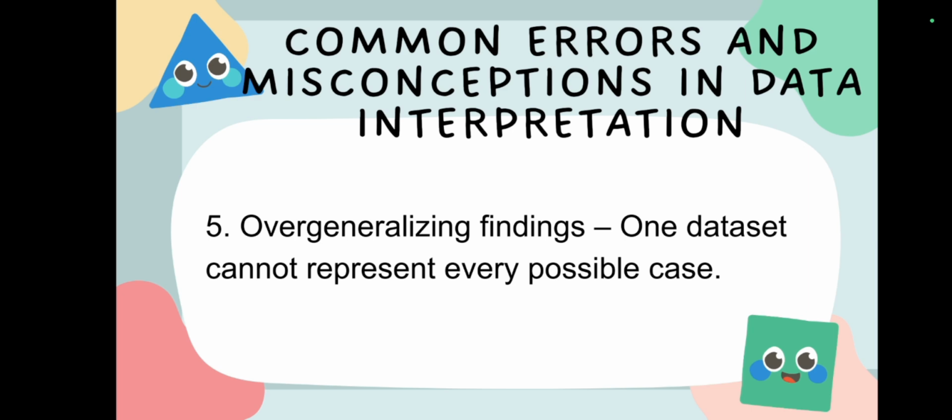But in research or in data interpretation, that is not accurate. Just because data shows a certain result in one group, time, or place, it doesn't mean it applies to everyone or every situation. Let us always remember that the result depends on context, sample size, and conditions.